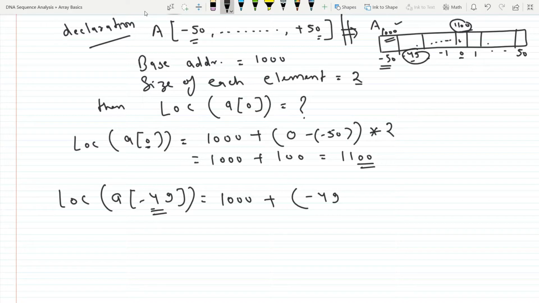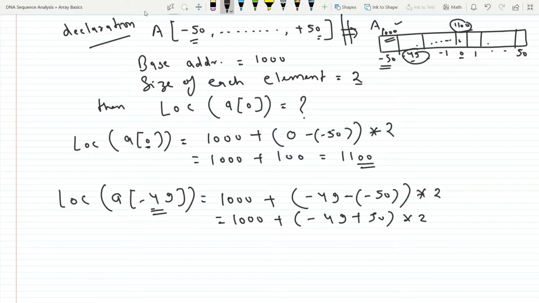Okay, and minus, what is the initial lower bound of this index? This is -50, and multiplied with size. So size is 2. So now this will give me 1000 plus -49 plus 50, multiplied by 2. So this gives me 1 into 2. So ultimately it is 1000.